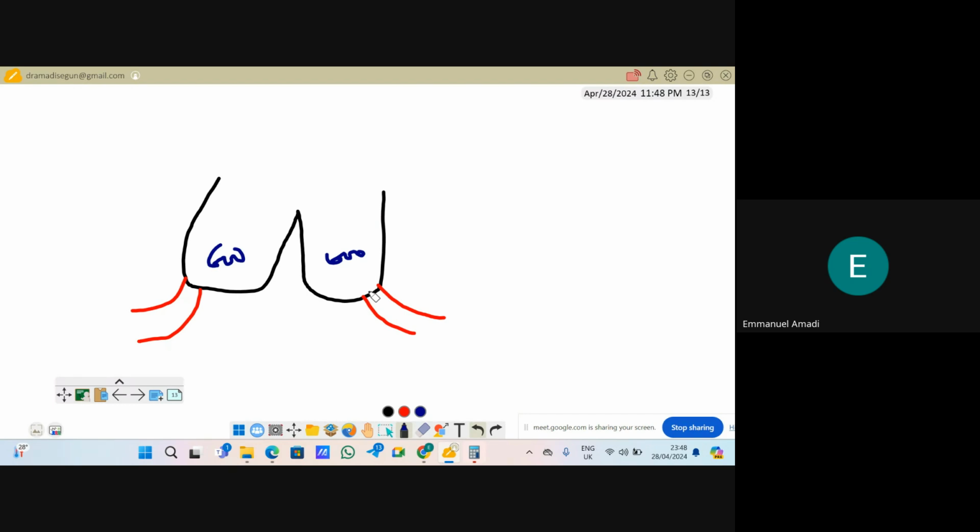That is what happens in expiration when you're breathing out. But when you're drawing in breath during inspiration, there is a decrease in the intrathoracic pressure. Once you're drawing breath inside, you have increased venous return to the right side of the heart.